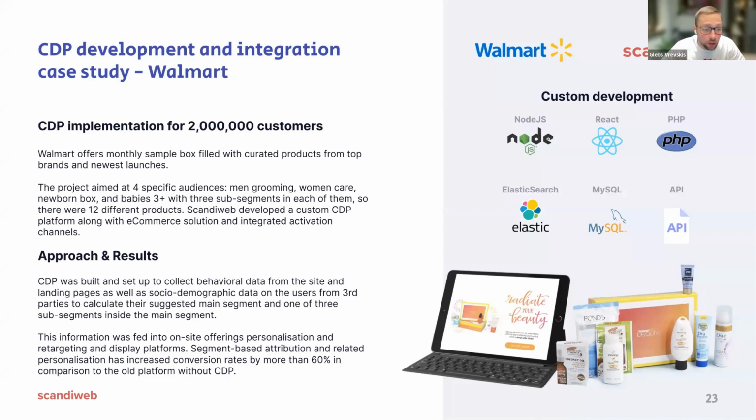Walmart wasn't really earning from these subscription boxes. It was not their business model. They were earning from the data they were gathering on the customers who were subscribed to the program.